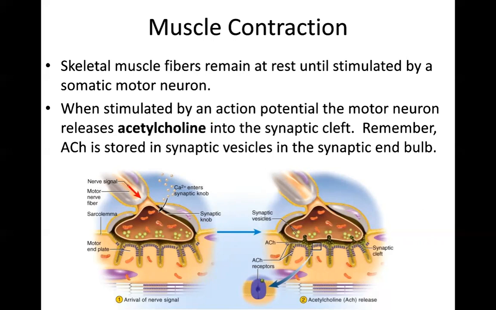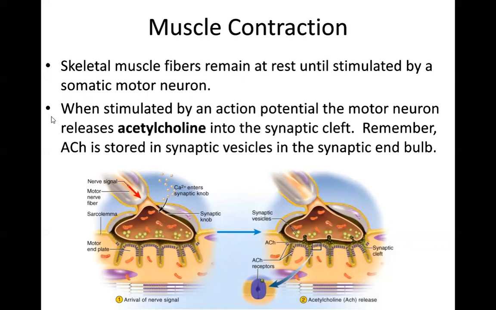And an action potential, as we've learned, is essential for a muscle to contract. Now, unlike the heart, which creates its own action potentials, our skeletal muscle relies on action potentials coming from somatic motor neurons. So a skeletal muscle fiber will remain at rest until it's stimulated by a somatic motor neuron.